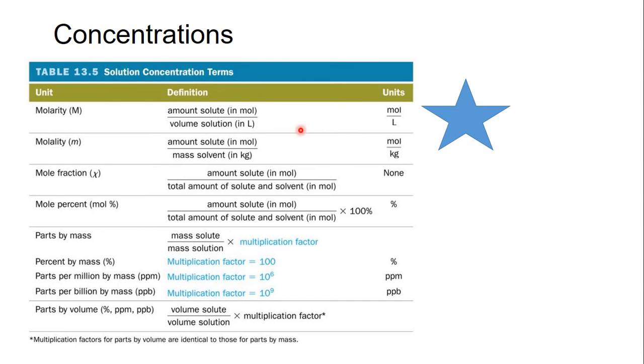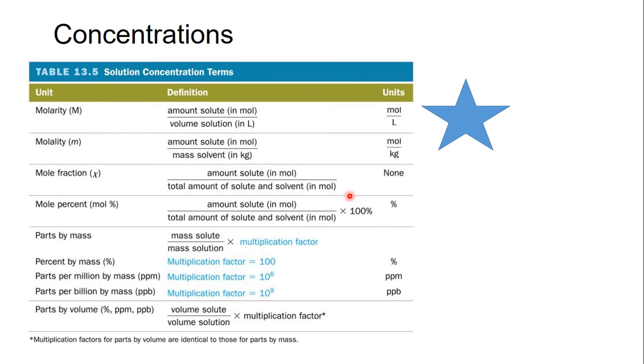That's big M. You can also have little m, molality, which is the amount in moles divided by the mass of solvent. So the only difference between molarity and molality is your denominator. Molarity's denominator is liters. Molality's denominator is weight.